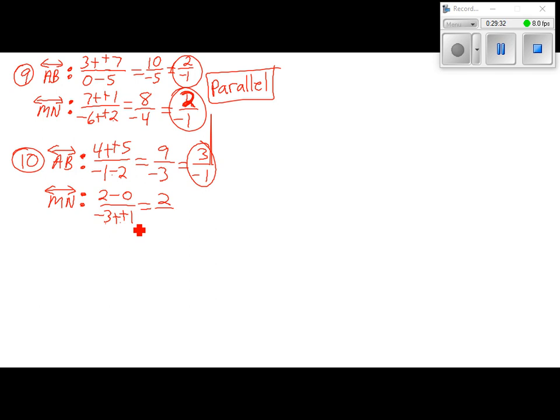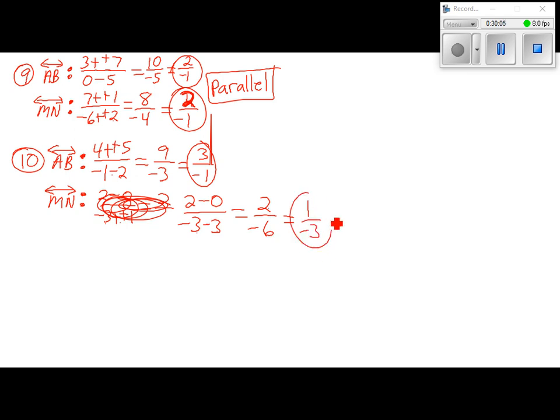Yep, sorry, I looked at the wrong number. 2 minus 0 is our y's. Negative 3 minus 3 is our x's. 2 minus 0 is 2. Negative 3 minus 3 is negative 6. 2 will go into 2 once. 2 will go into negative 6 negative 3 times.